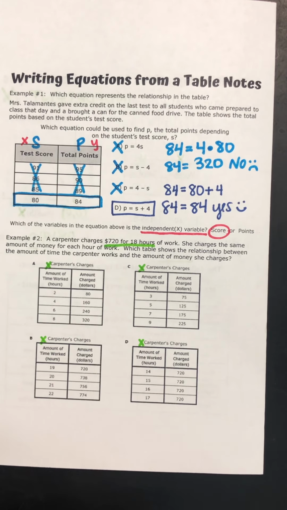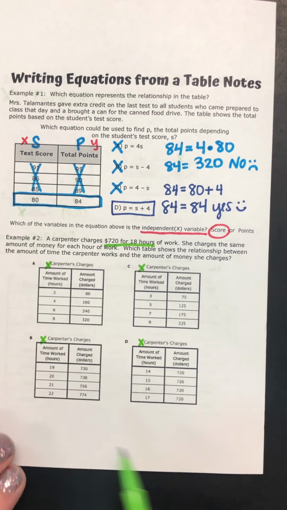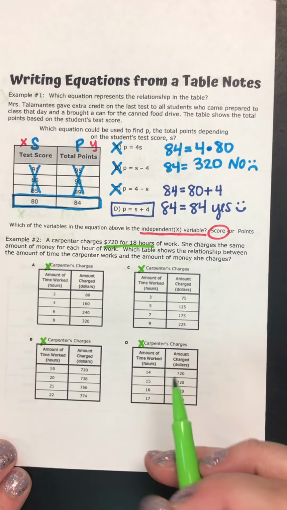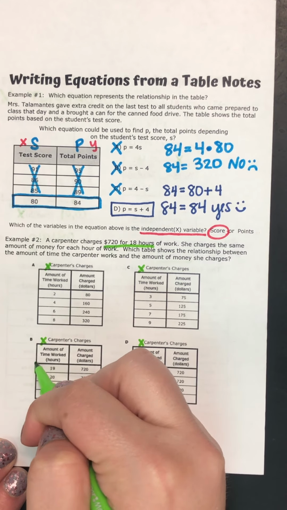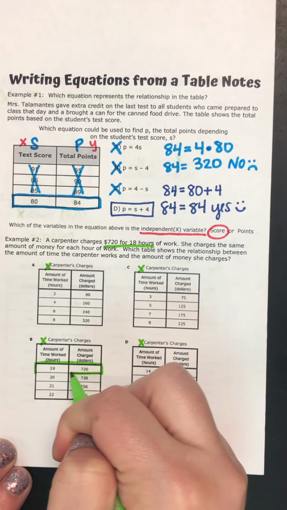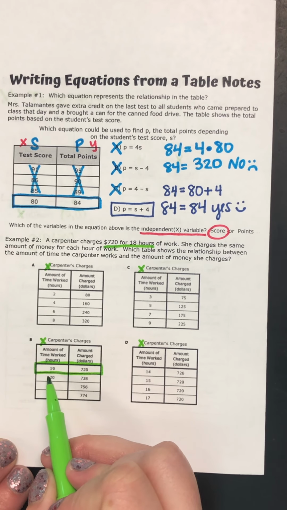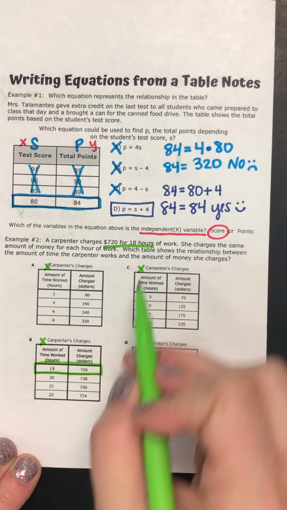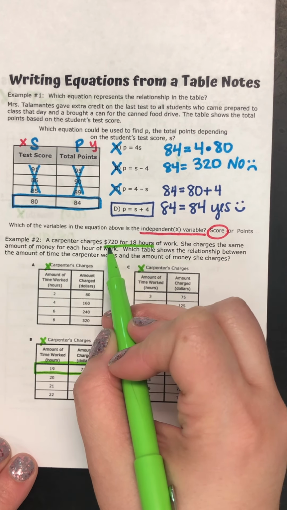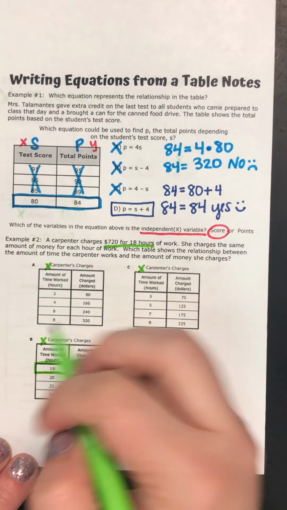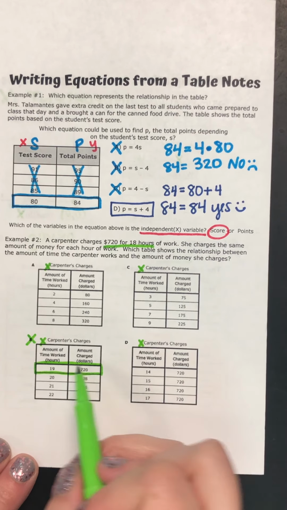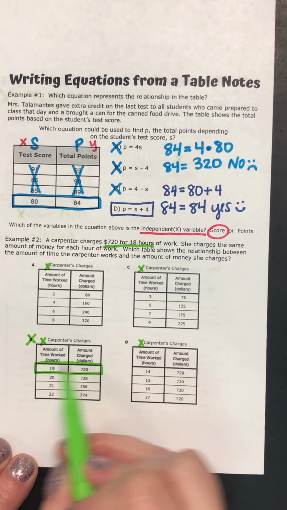So let's see, $720 for 18 hours of work. We can look and see that this one says $720 for 19 hours. But according to our question, it was $720 for 18 hours. So this one is clearly wrong because it has the wrong information listed.